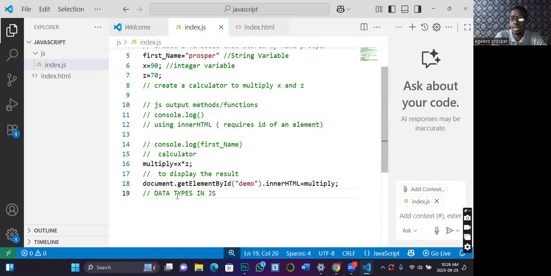Number one, we have the primitive data types. In brackets, you can write basic or primary. That is the interpretation of primitive. When you say a data type is primitive, it means it is basic.